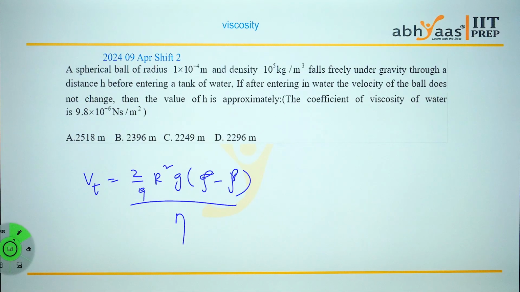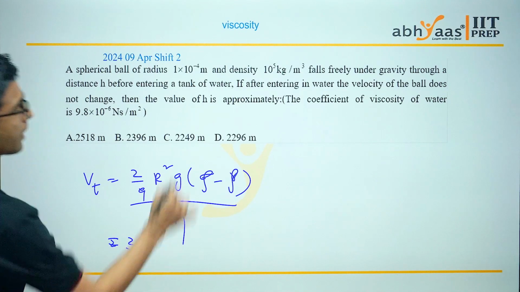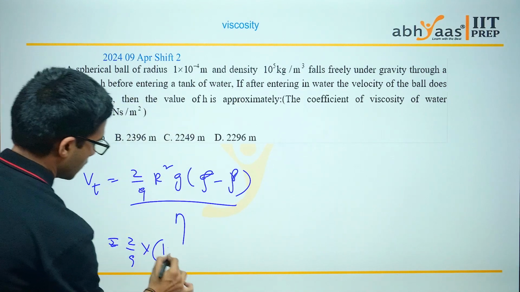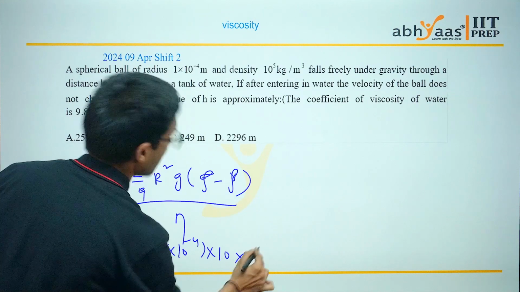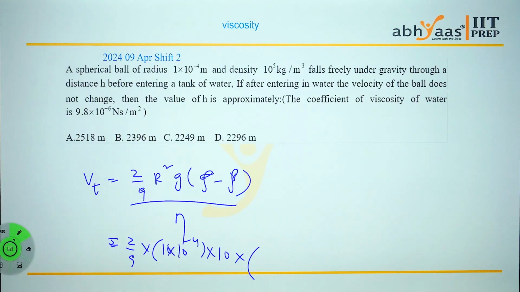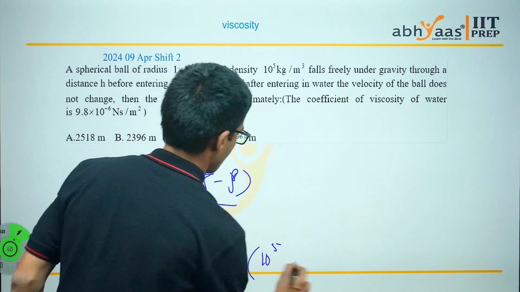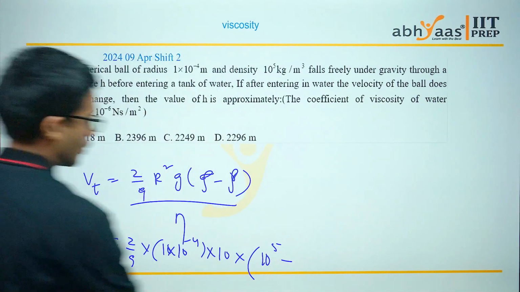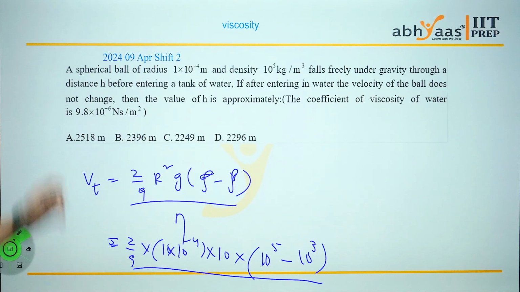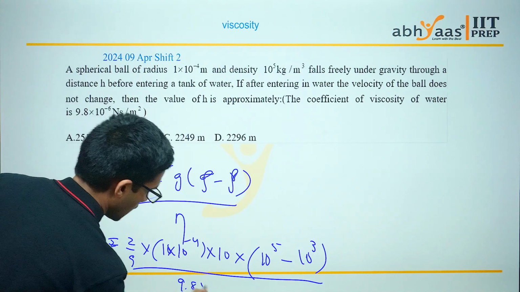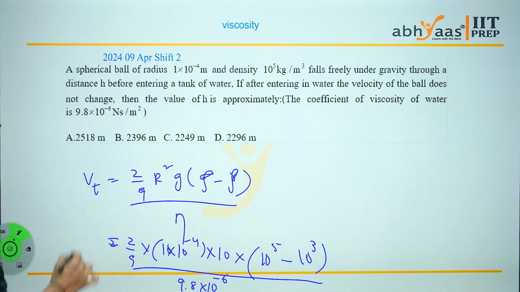Okay, here what happened? r is given, that is 1 into 10 power of minus 4. g is 10. Here the difference in densities is 10 power of 5, minus 10 cube, by the coefficient of viscosity, 9.8 into 10 power minus 6 Newton second per meter square, that is Vt.